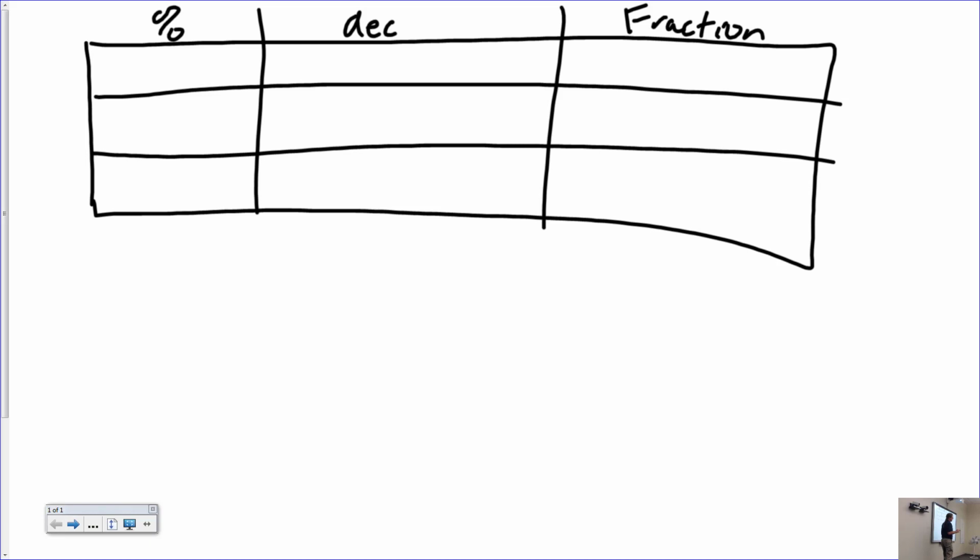All right, so really quick, just to review what we did last time. If I put a 10 in the decimal section, folks, how would you write 10 as a percentage?